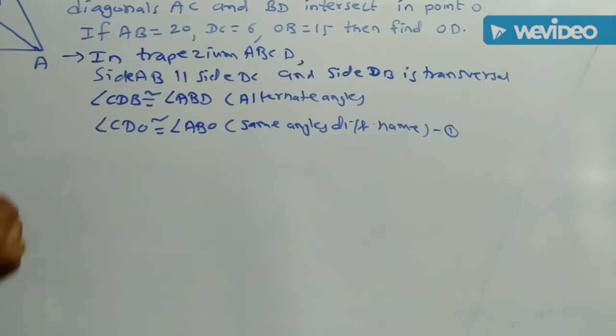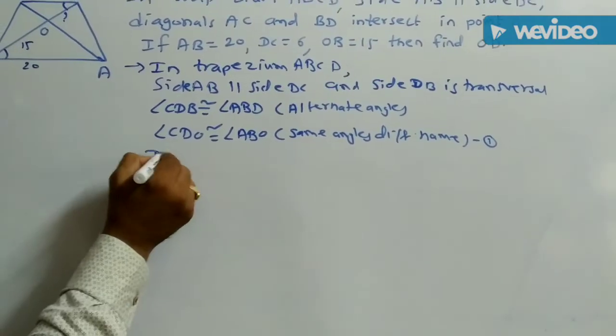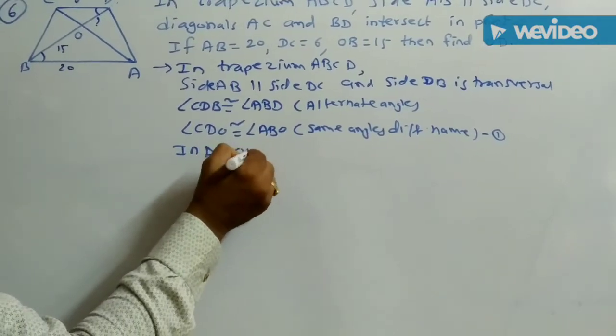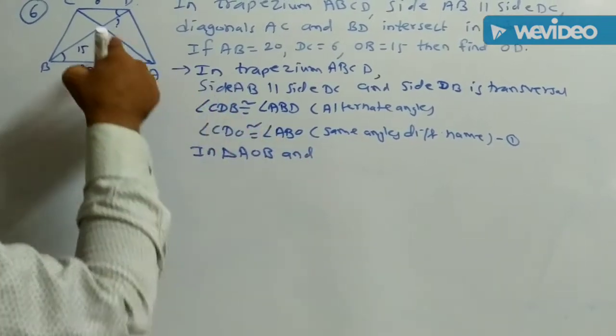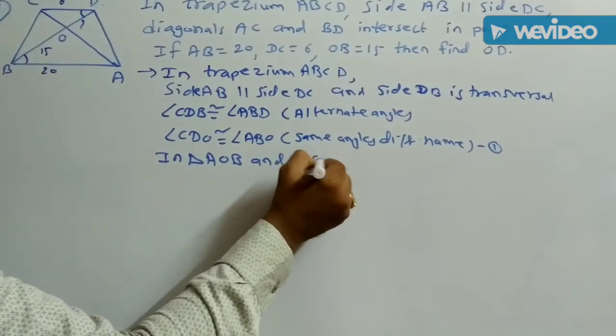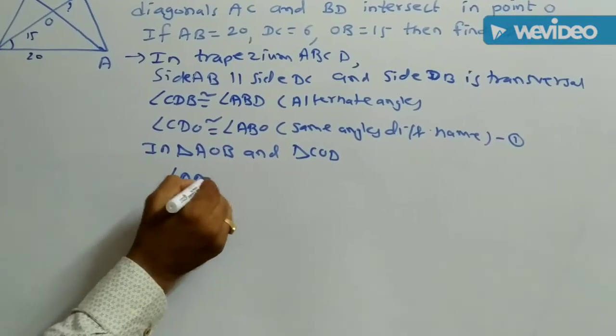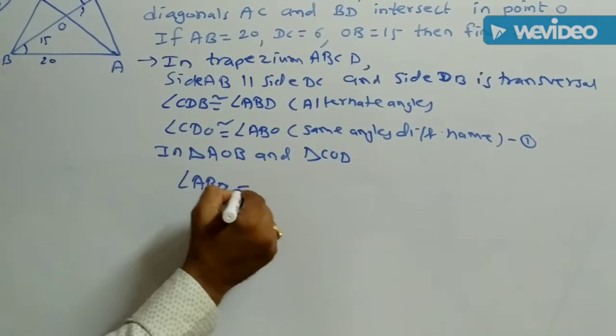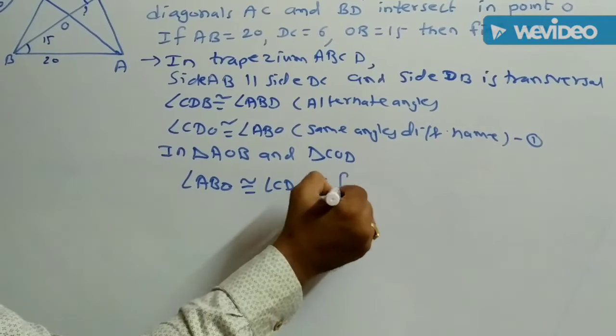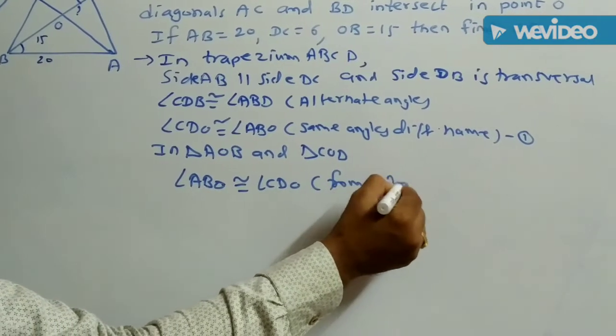Equation number 1. Now in triangle AOB and triangle COD, in both the triangles these two angles are congruent. That is angle ABO congruent to angle CDO from equation 1.